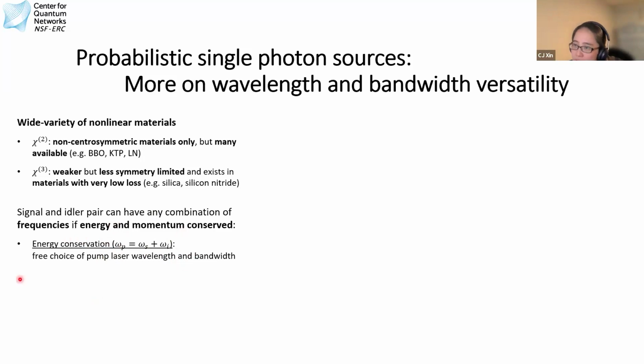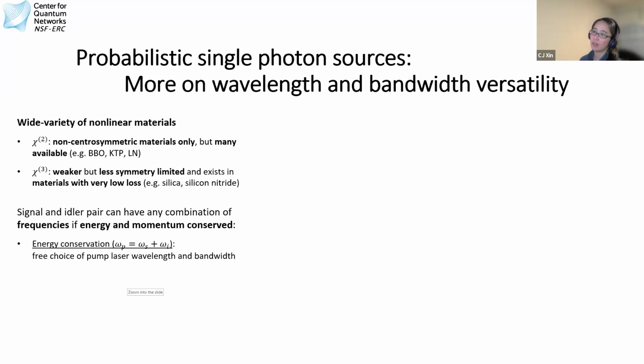In that case, if you want a specific frequency or energy of your signal and idler, you just choose your pump accordingly, right? We have good lasers at a lot of wavelengths, and specifically for fiber optic communications, you're usually trying to generate signal and idler photons near or around 1550, and that means for chi2 you're usually working with a pump at 775.